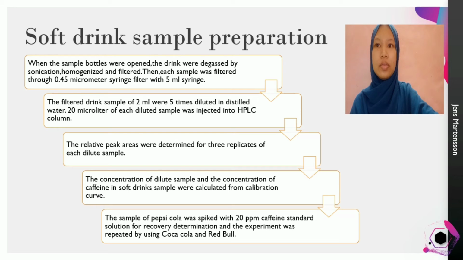The relative peak areas were determined for 3 replicates of each diluted sample. The concentrations of the diluted sample and the concentration of caffeine in the soft drink sample were calculated from the calibration curve.